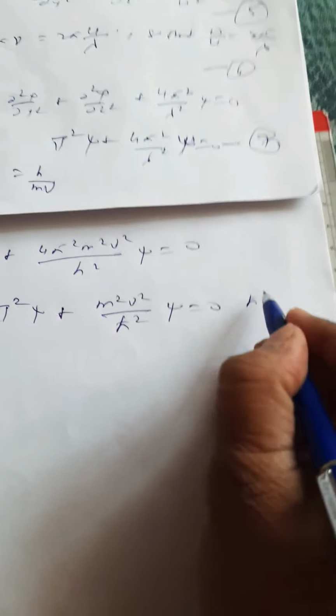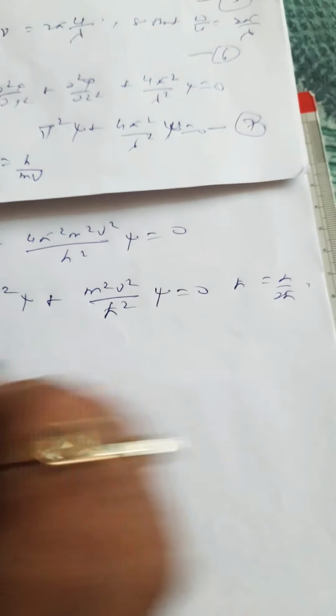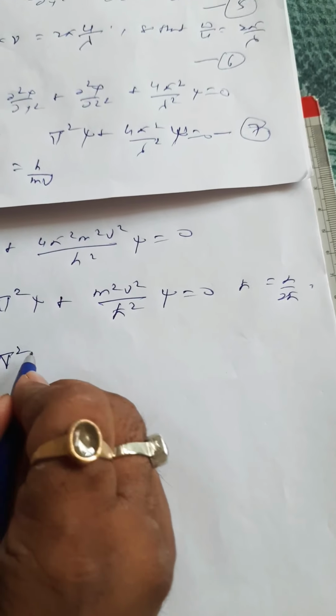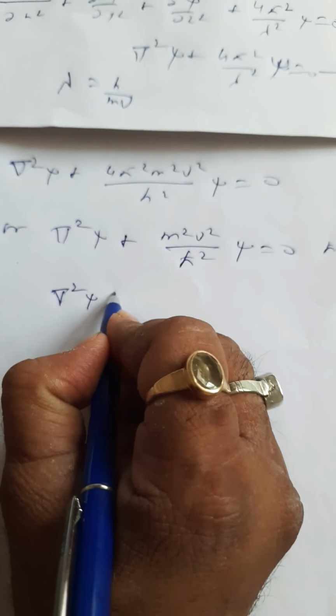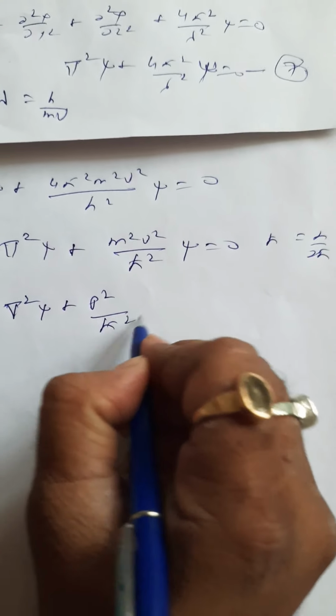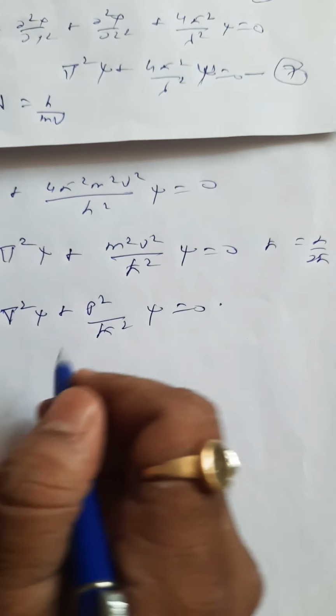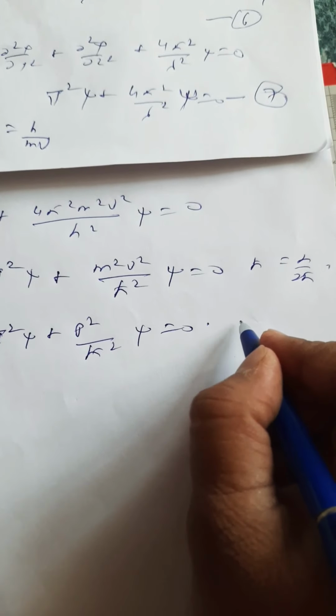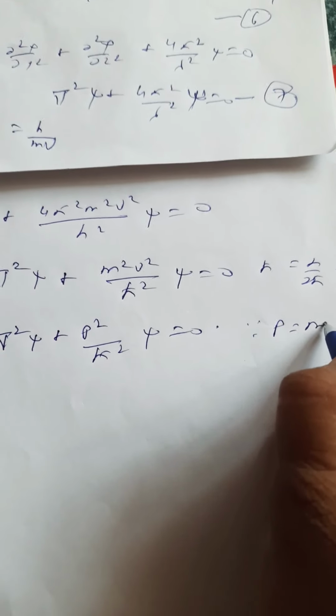Here we know that h cross is equal to h by 2 pi. Therefore, del square psi plus p square by h cross square psi equal to 0, since here p is equal to mv.